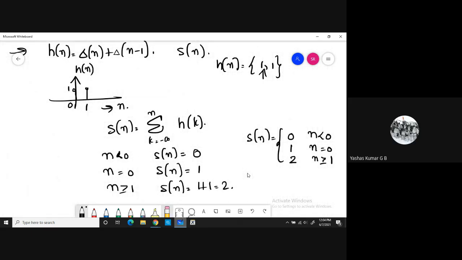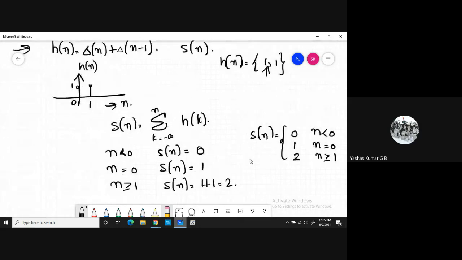Hello, ma'am. If we use that formula, we will get summation of delta of n is u of n, no, ma'am. Summation of k is equal to 0 to 1 you will get. Can you do like that, ma'am, using the formula? It is the same you will get using formula also, right?